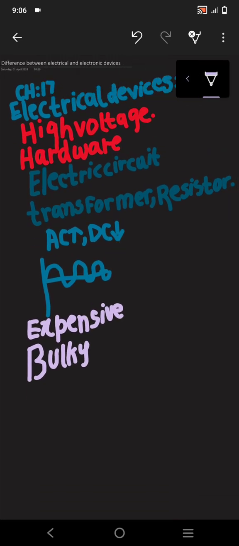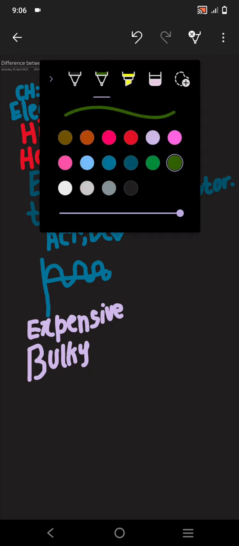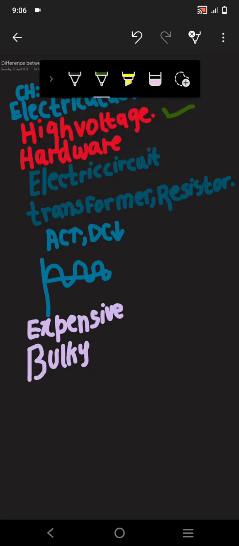Let me repeat it again. We are discussing here the difference between electrical and electronic devices. We have discussed the electrical devices. Electrical devices have the high voltage. For example, our microwave. They have the hardware. The microwave does not work by coding; they have their own structure, their proper design.